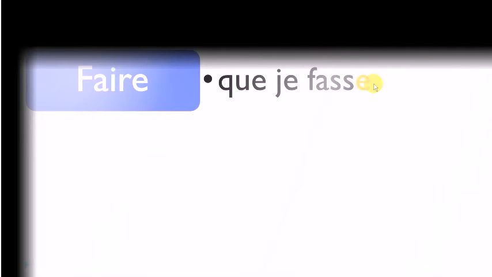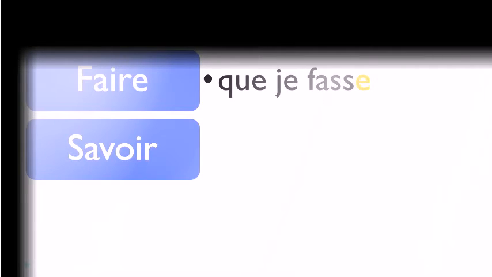You just need to change the endings: que tu fasses, ES, qu'il fasse, E, etc. Savoir will give you que je sache. Same thing here: you take it away, and after that you put the endings that we saw, ES, IONS, IEZ, ENT, according to the person, of course.